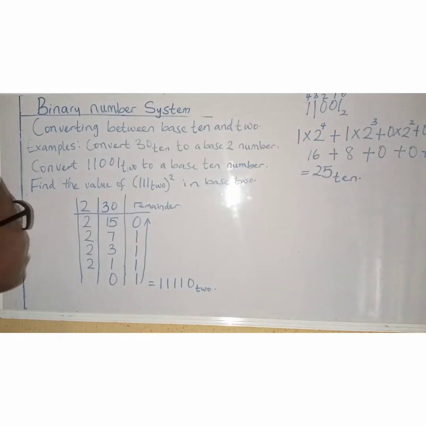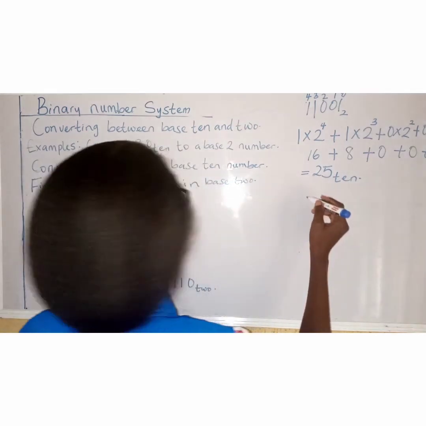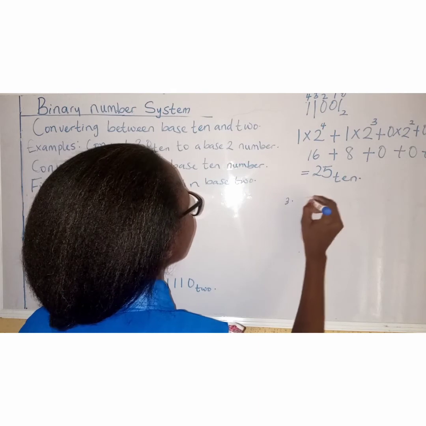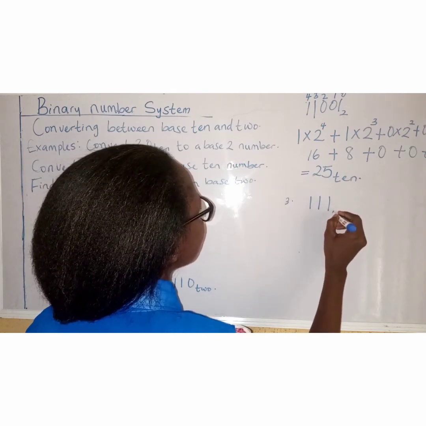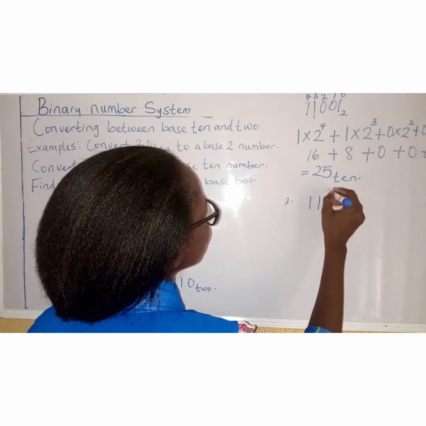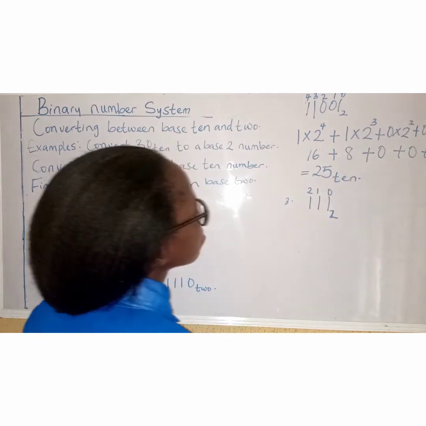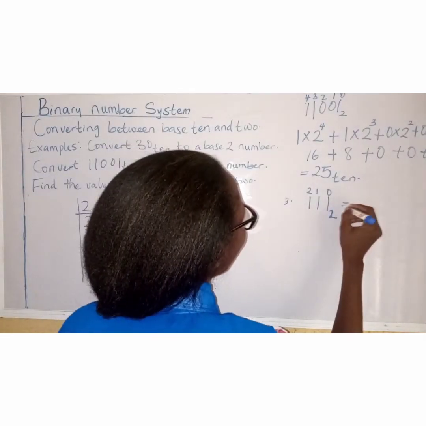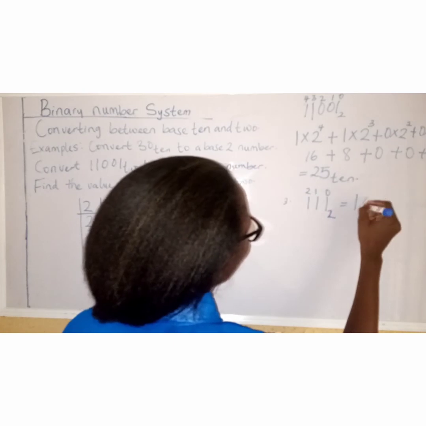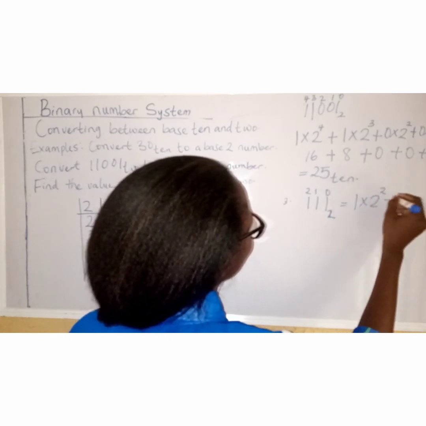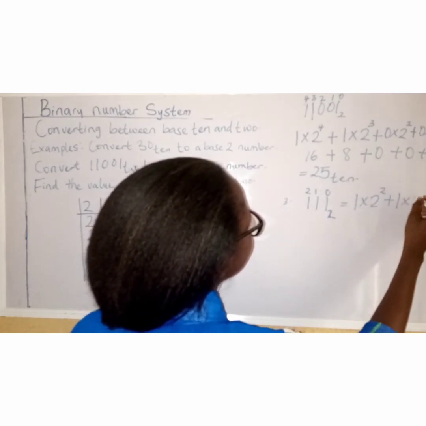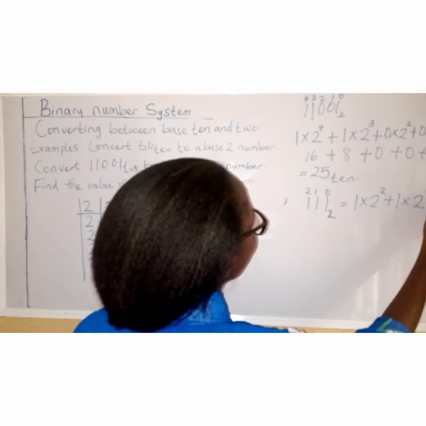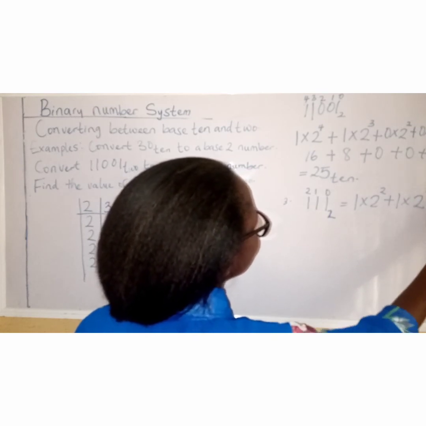How do we get the value of this? The first thing you do when you have it this way is to bring it to base 10 first. 111 is in base 2, labelled 0, 1, 2. You have your 1 times base 2 raised to power 2, 1 times base 2 raised to power 1, plus 1 times 1.